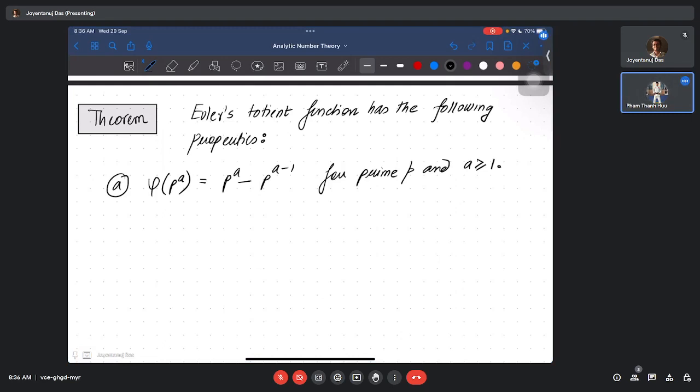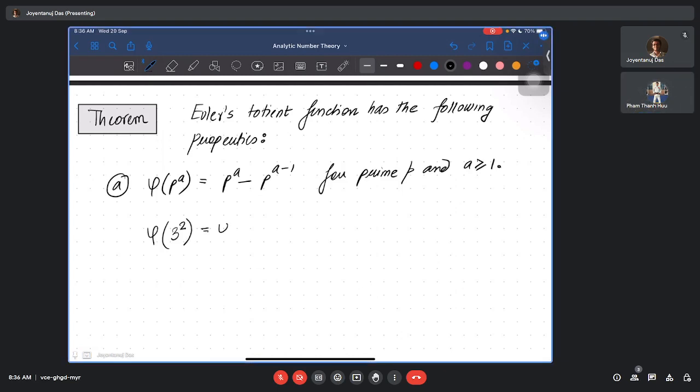Okay. So any idea how to do it? For example, phi of 3 power 2, so this is phi of 9. What is phi of 9?